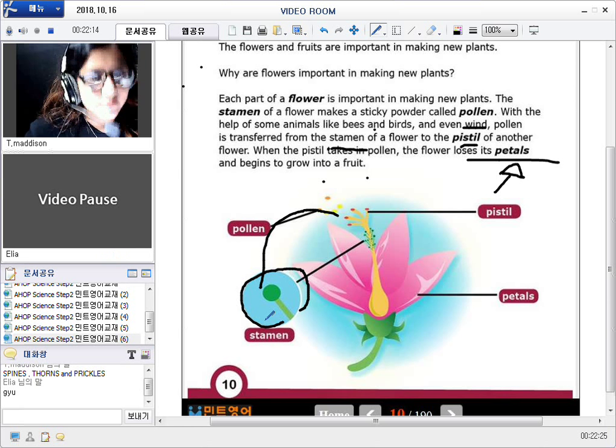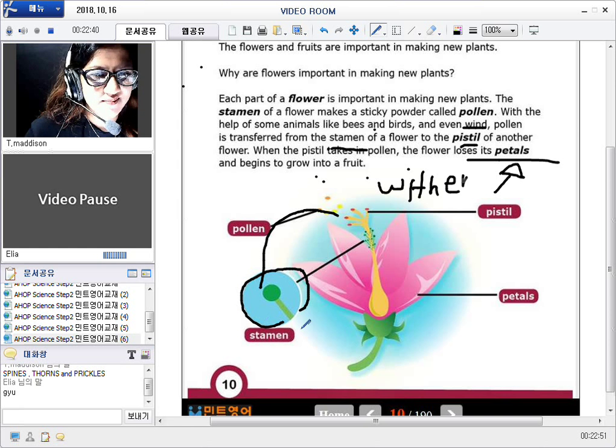After the pistil takes in pollen, the petals started to wither because they lost their life, and then the fruit can be made.